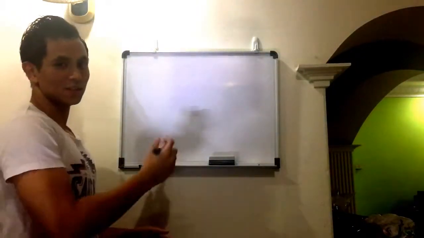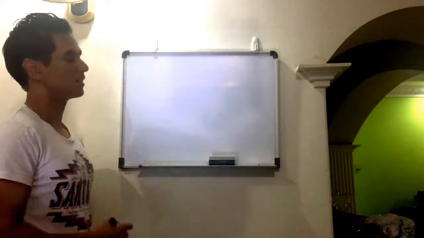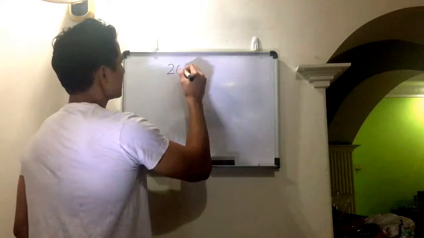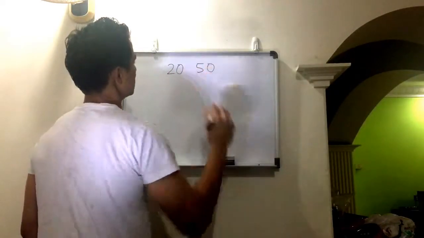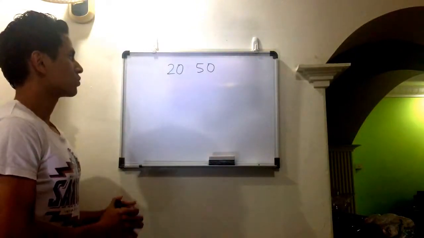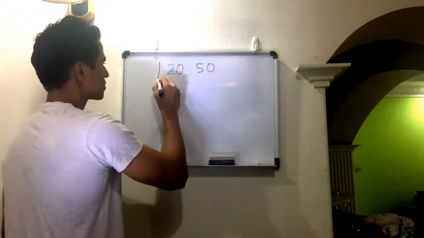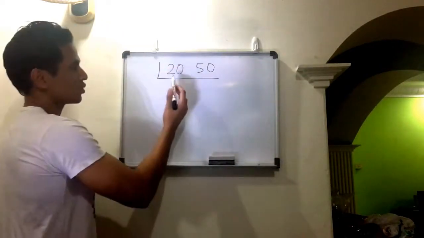So now, without further ado, let's say we have two numbers, 20 and 50, and we want to use the ladder method to solve for this. Now, we're just going to prime factorize 20 and 50.